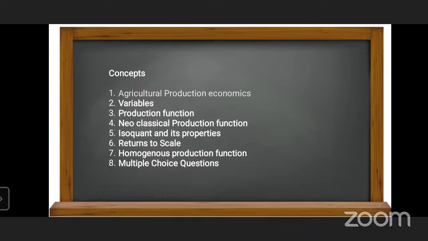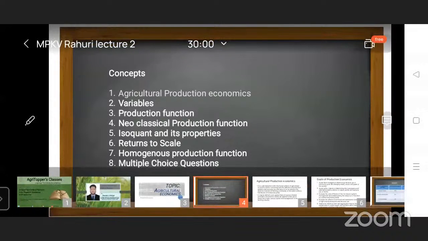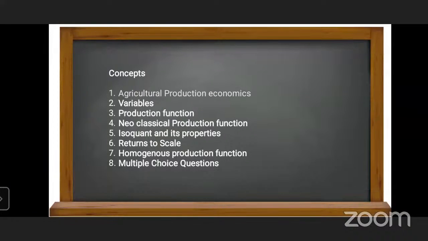And for the benefit of MSc and PhD students, I also included the Cobb-Douglas production function. But as we have already lost some 15 minutes, I will leave the MCQs and the Cobb-Douglas for you to go through. Everything is drawn and derived in it, so it is just for practice.